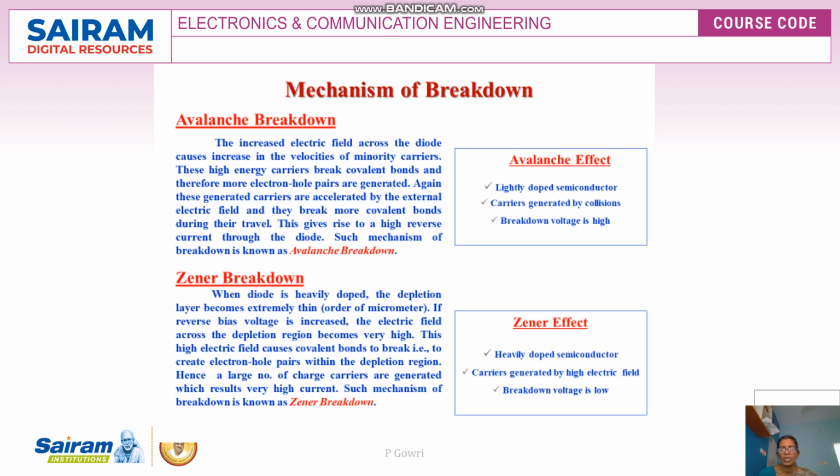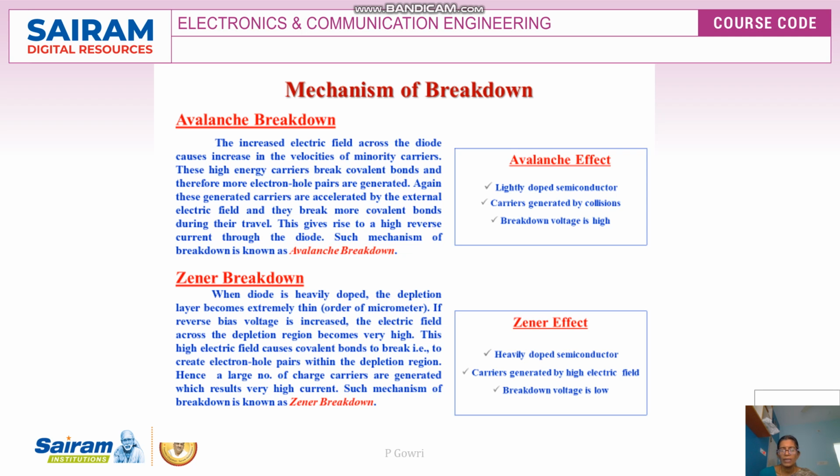reverse bias voltage is increased, the electric field across the depletion region becomes very high. That is, a very high electric field develops inside because the width is very low and the applied voltage is very high. This high electric field causes the covalent bonds to break. In the depletion region there will be covalent bond formation, and also there will be existing immobile ions.